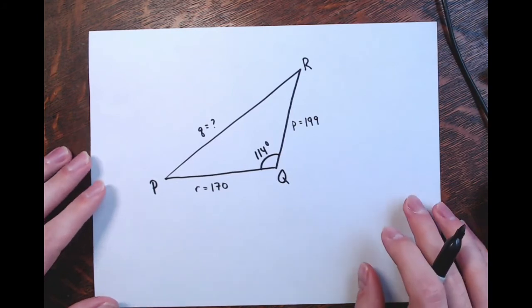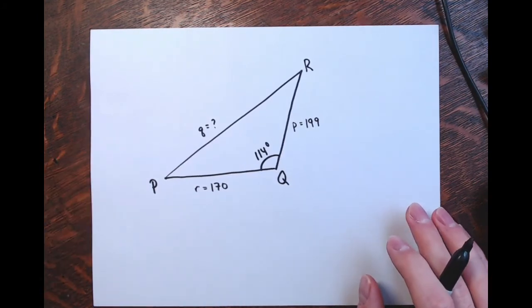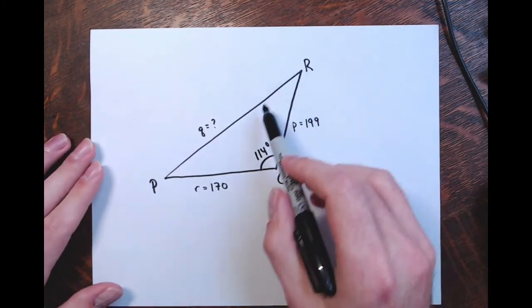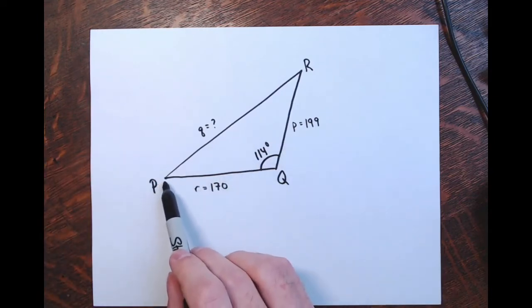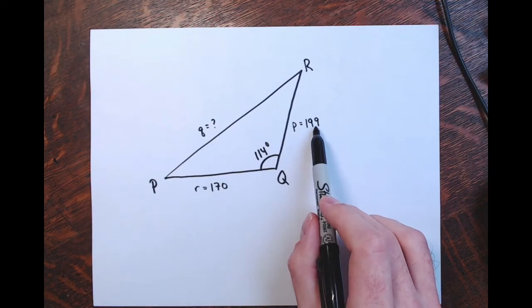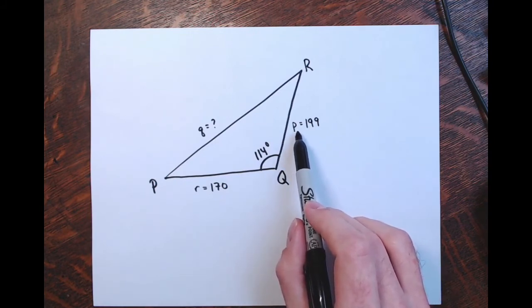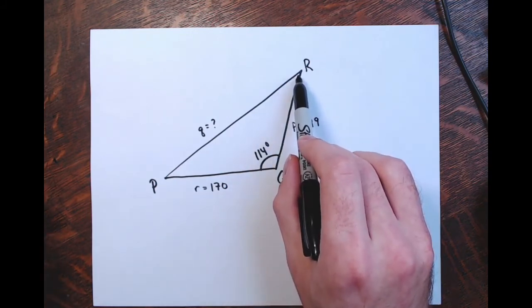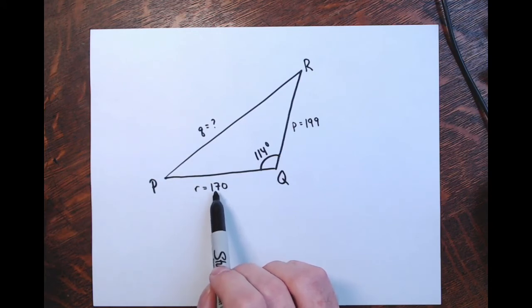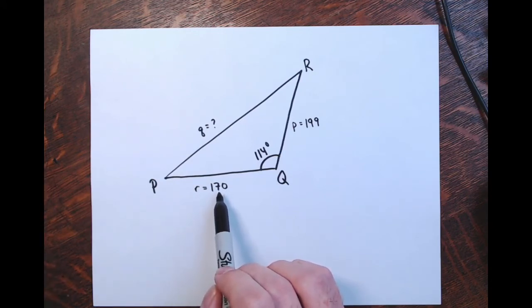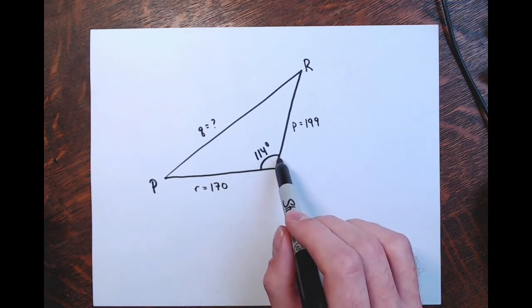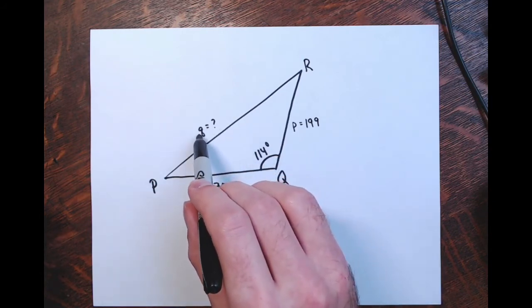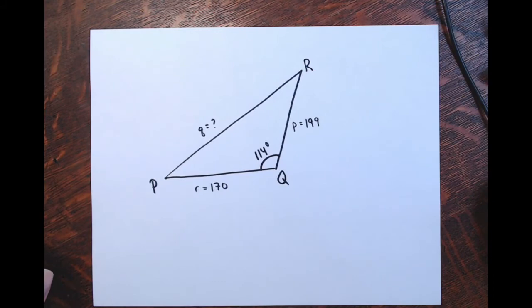Alright, so here's a drawing of that picture. I labeled the side lengths based on the angle names. This is angle P, so the side opposite with the 199 miles I call little p. This is angle R up here, so the opposite side I call little r with the 170 miles. Then angle Q we know is 114 degrees in this triangle, so the side opposite I call little q, and that's what we're trying to find.